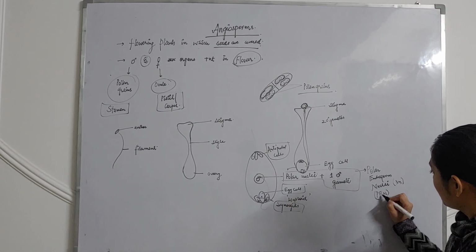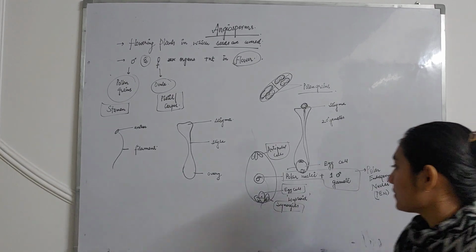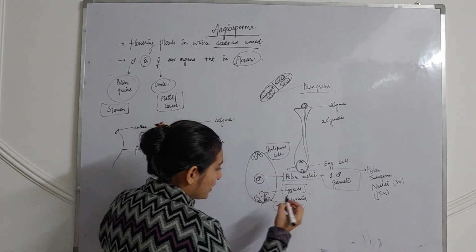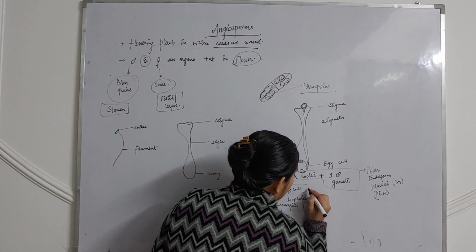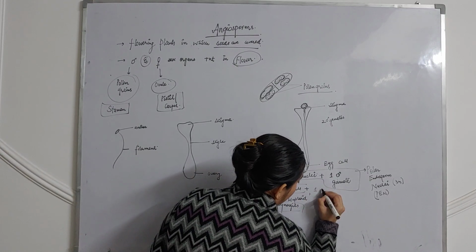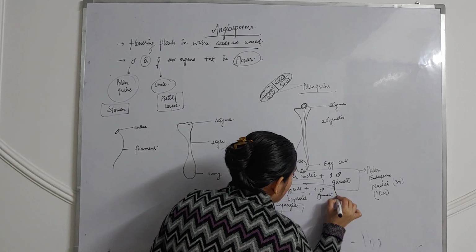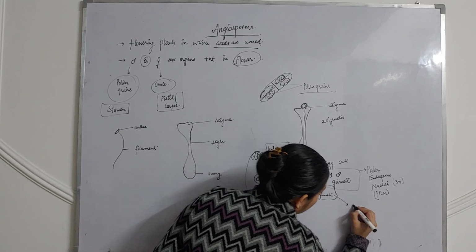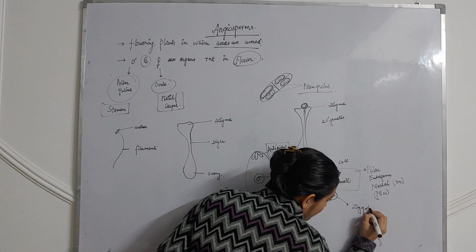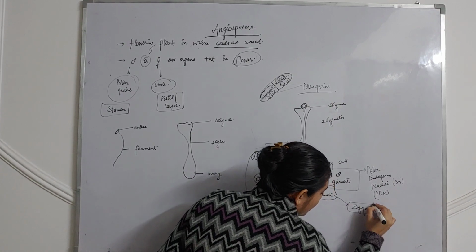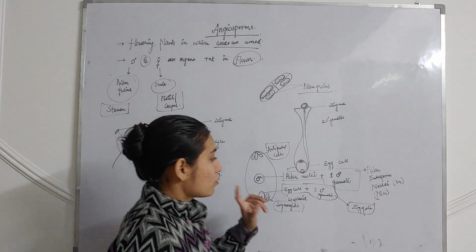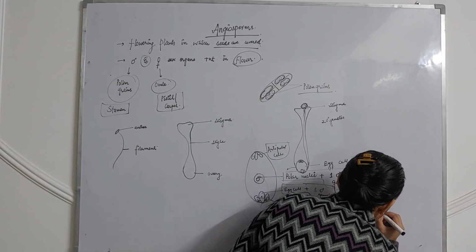PEN, polar endosperm nuclei. And when the other male gamete plus the egg cell fuse, it forms the zygote. So the zygote is diploid in nature.